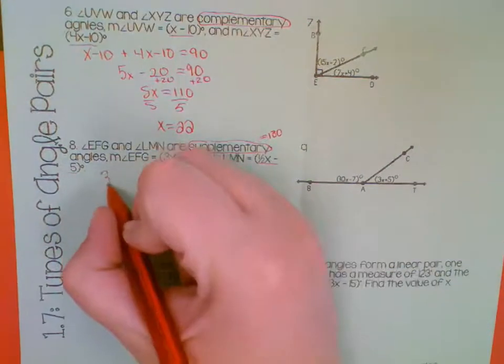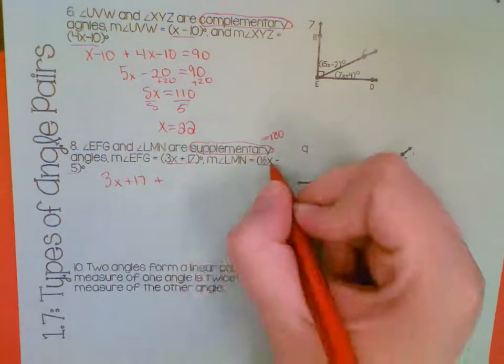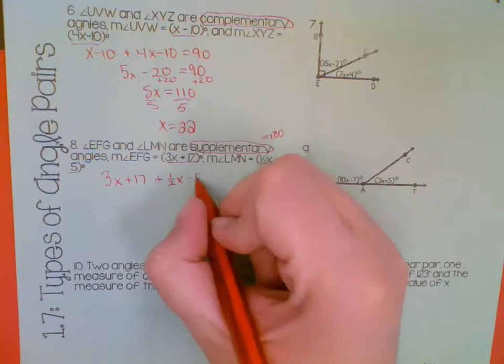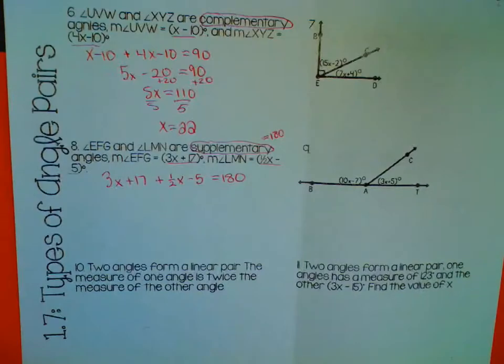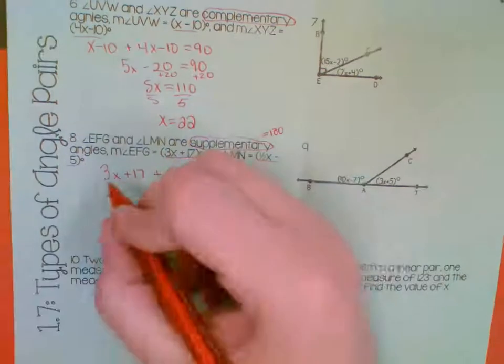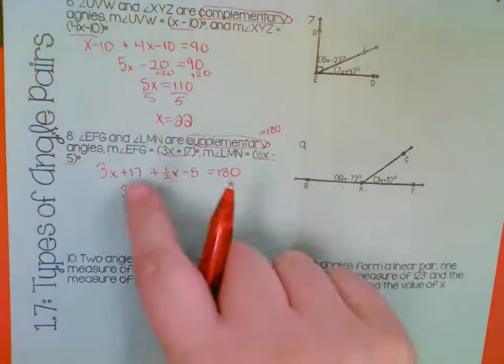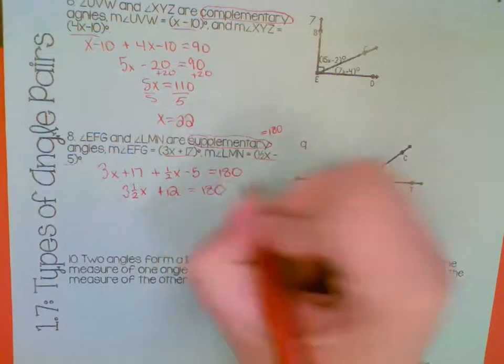Okay, so 3x plus 17 plus our other angle, which is 1/2 x minus 5, equals 180. So 3 plus 1/2 is 3 and 1/2. So 3 and 1/2 x. 17 minus 5 is 12, equals 180.